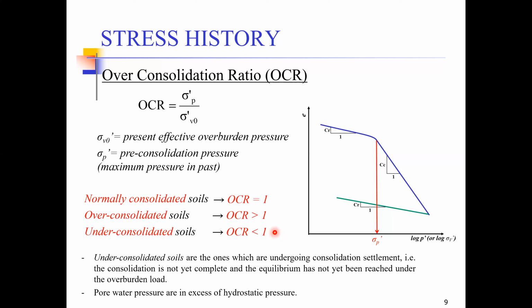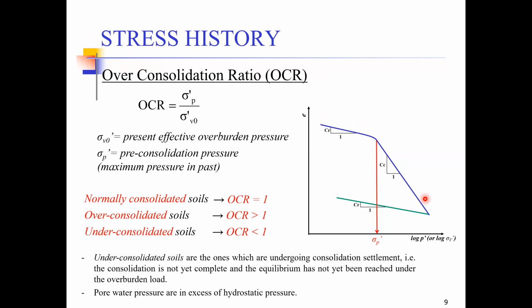So you have seen that in case of clay soils, the stress history plays a significant role. The behavior of the soil totally changes whether the current state of stress is less than the pre-consolidation pressure or more than the pre-consolidation pressure.